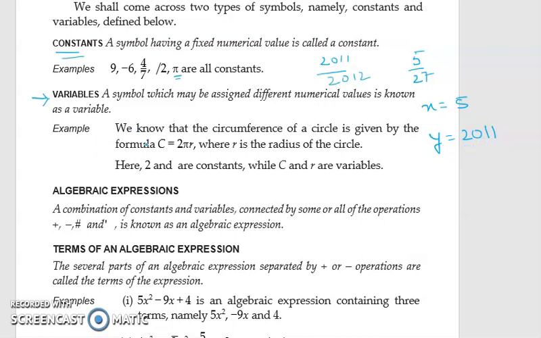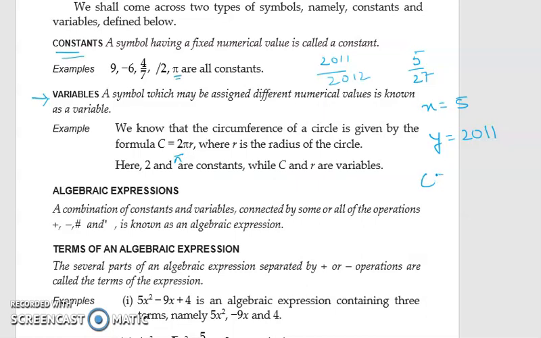See here, we know that the circumference of a circle is given by the formula c is equal to 2 pi r, where r is the radius of the circle. Here 2 and pi are constants, while c and r are variables.